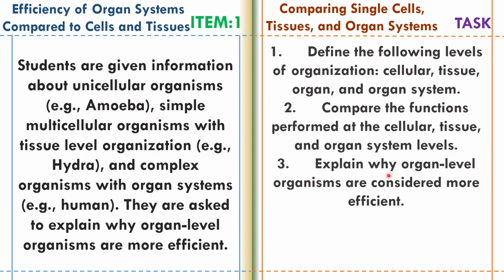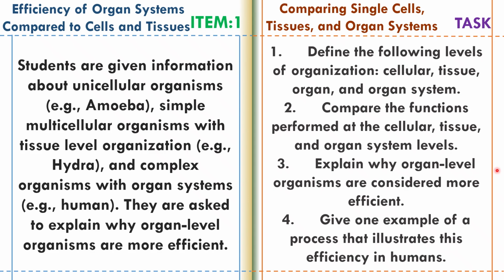Explain why organ level organisms are considered more efficient. Give one example of a process that illustrates this efficiency in humans.